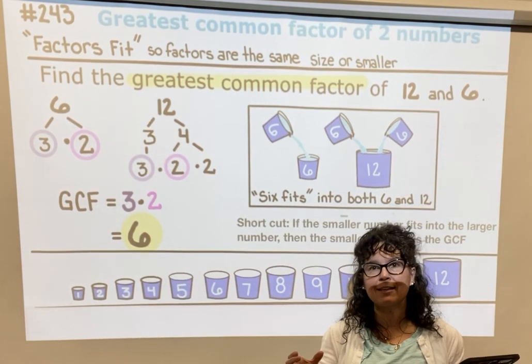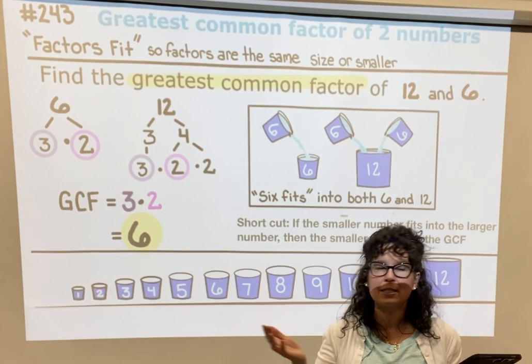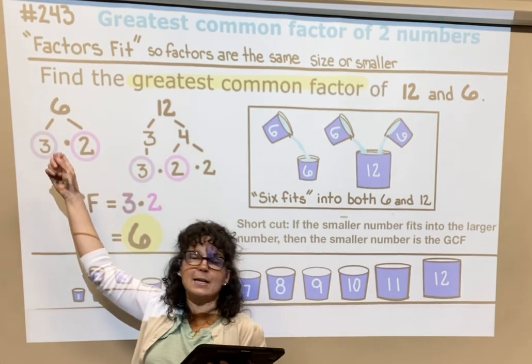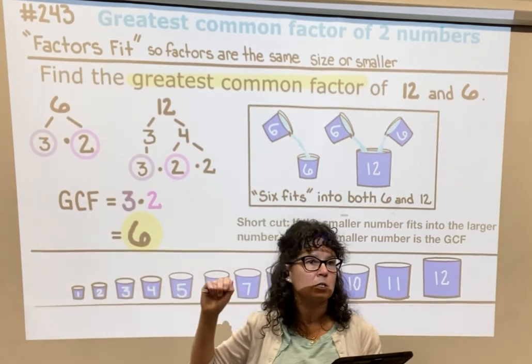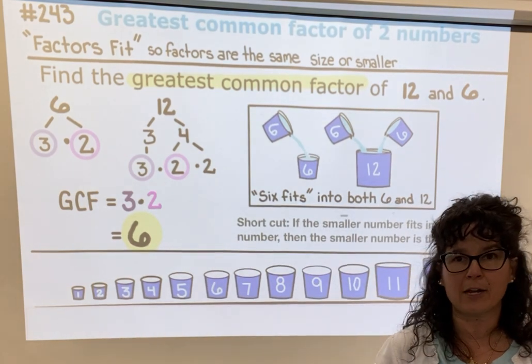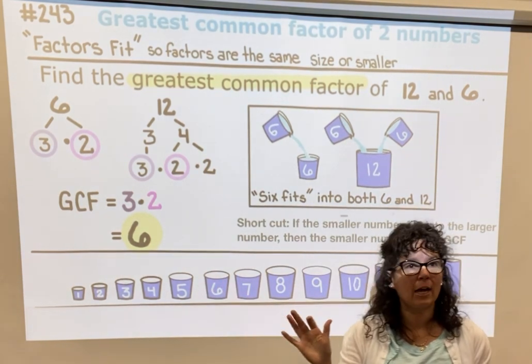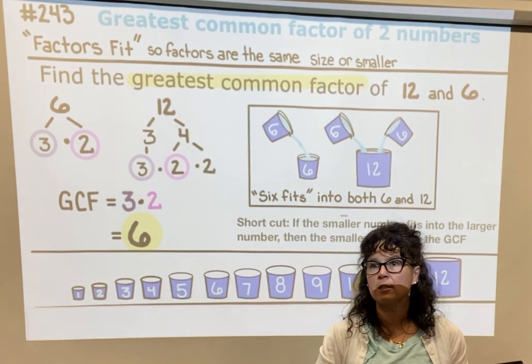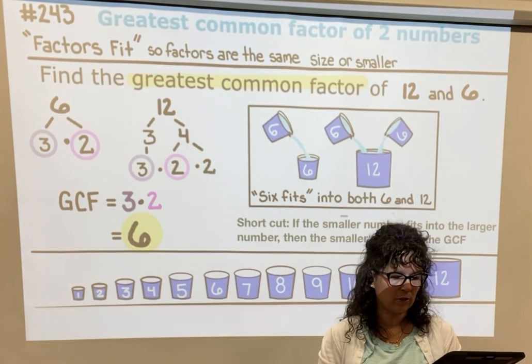Because the biggest thing that could fit into 6 is 6, so it's already the biggest number that would work for this one. And since the biggest number that works for 6 also works for 12, it must be the greatest common factor. So if you look out immediately when you look at the problem, if the small one fits into the big one, then the small one is the answer.